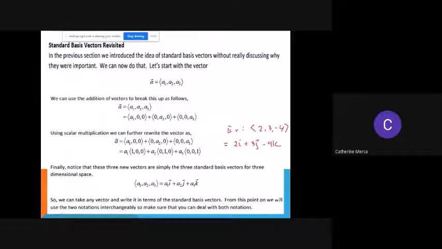Because you can rewrite the vector A sub 1, A sub 2, A sub 3 as A sub 1 i plus A sub 2 j plus A sub 3 k. You call those your standard basis vectors. So these two forms can be written interchangeably.